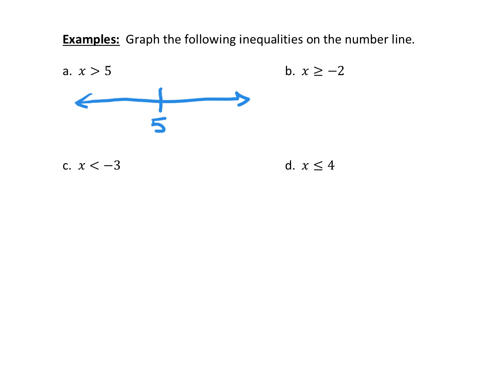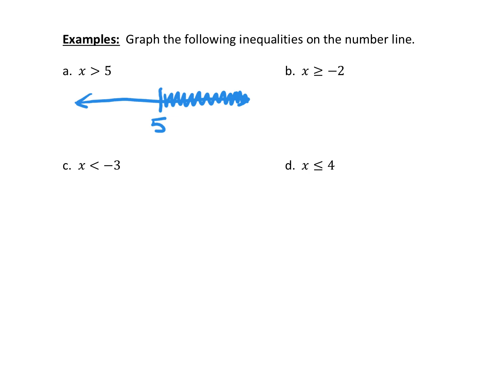All right, the next thing we want to do is identify what direction we want to shade. And so we are looking at the numbers that are larger than 5. Those are going to be the ones that if we plug them in for x, we get a true statement. And so the numbers that are larger than 5 are the ones that are on the right side. So we are going to shade this direction.